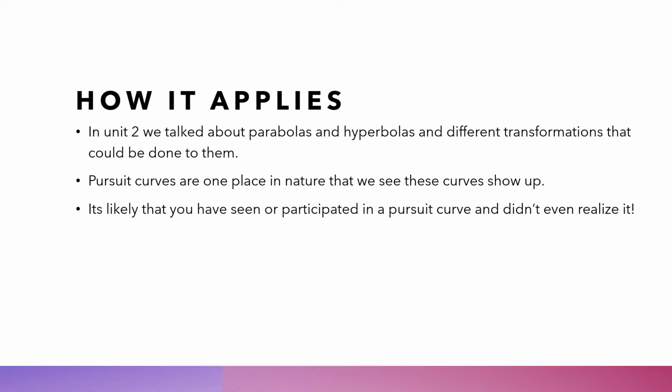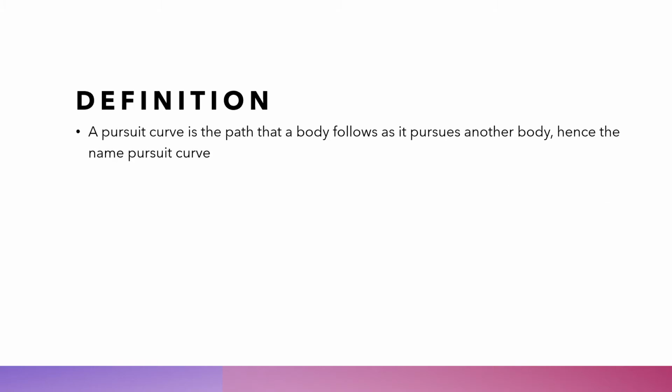It was Unit 2, and we were talking a lot about parabolas and hyperbolas and that shape of curve. A pursuit curve is one place in nature that this kind of curve shows up, and you've probably been a part of a pursuit curve, even if you didn't realize it, because they're actually really common.